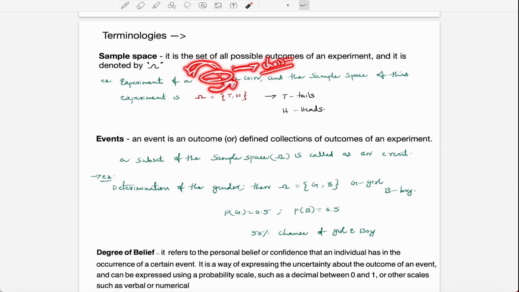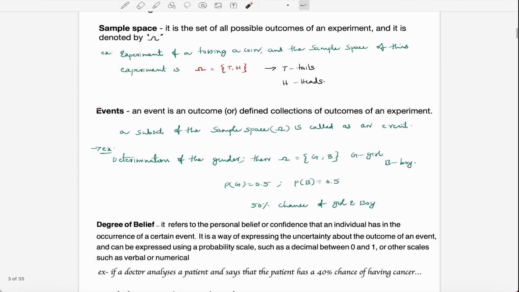We have only two outputs, so the sample space is equal to T and H, the tails and the heads. I hope you have a basic understanding of what a sample space is. The sample space is nothing but the set of all possible outcomes. It may have 10 outcomes, it may have 20 outcomes, but this whole set of outcomes is called a sample space.